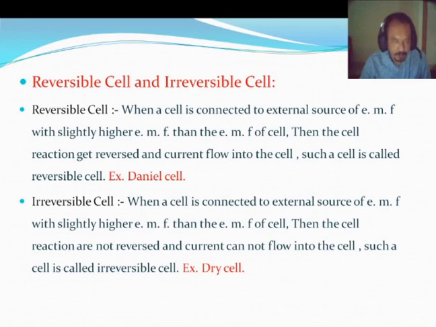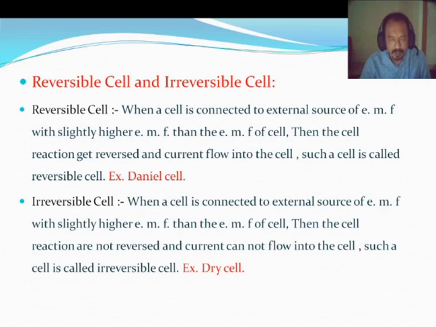Second condition, if you connect the galvanic cell to an external source of EMF, and the external source has the same EMF as that of the galvanic cell, at that time there is no chemical reaction, there is no flow of current from the cell or into the cell.